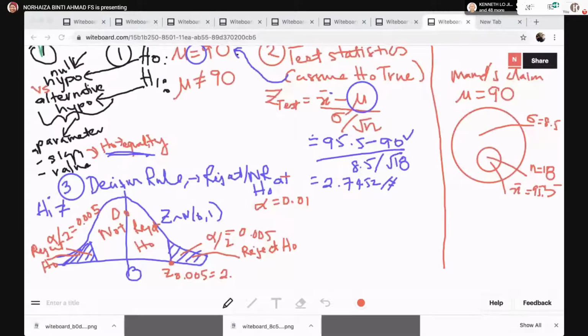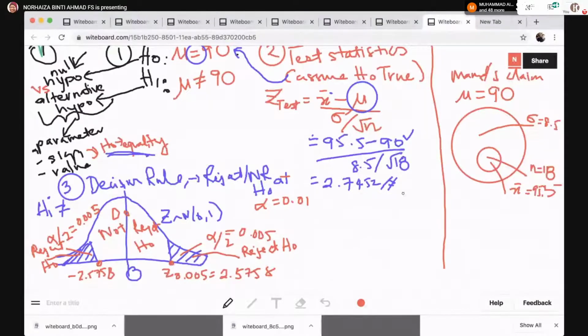What's the value of Z 0.005? 2.5758. And this point here is going to be minus 2.5758.